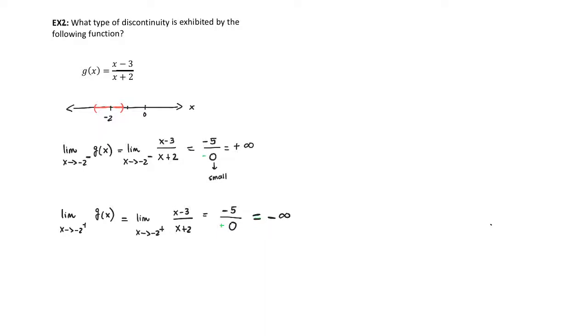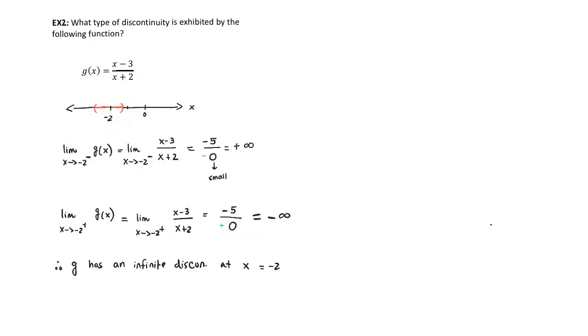So I should expect that on the left of negative 2, the graph goes off to positive infinity, and on the right of negative 2, the graph goes down towards negative infinity. Anyhow, that means that g has an infinite discontinuity at x equals negative 2.